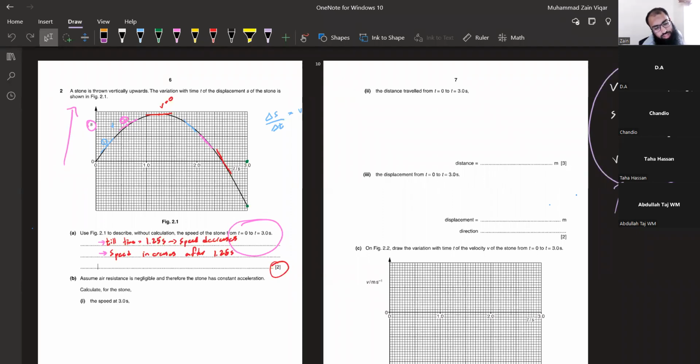No, speed is not related to acceleration. Speed is something very different from acceleration. Velocity is related to acceleration. So speed would have increased either way. Even if acceleration was upwards, it would have been the same.